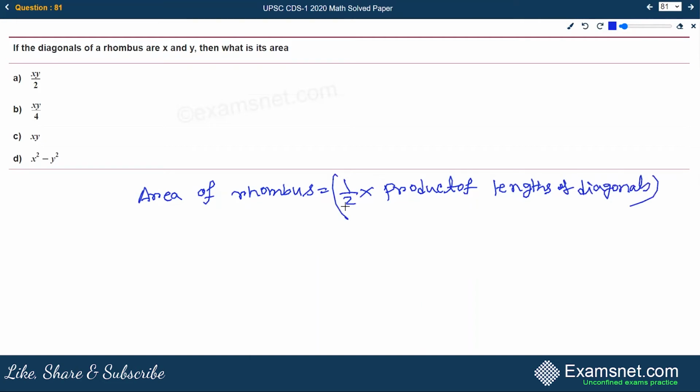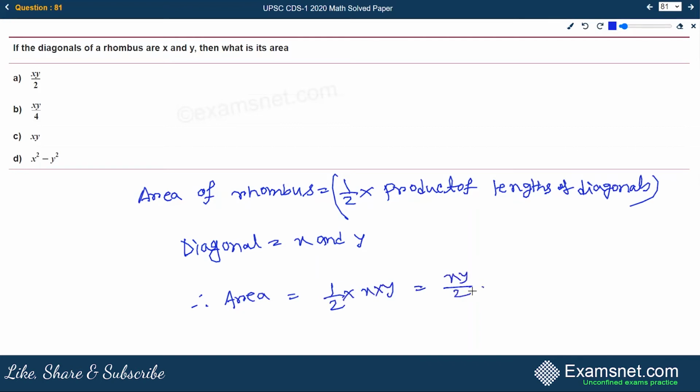We are given the lengths of the diagonals, x and y. Therefore, area is half multiplied by x multiplied by y, that is xy by 2, in square units. So option E is the correct answer, xy by 2.